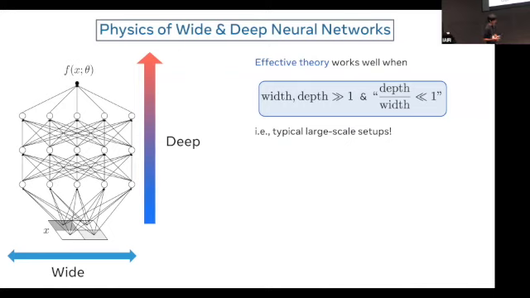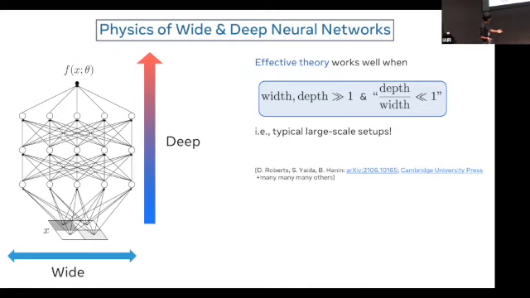Nowadays, the transformer has tens of thousands of neurons in each hidden layer, and you have hundreds of layers. But the aspect ratio tends to be not too big. So we are in the right regime. We have a theory that can describe the real networks that people use. Okay.